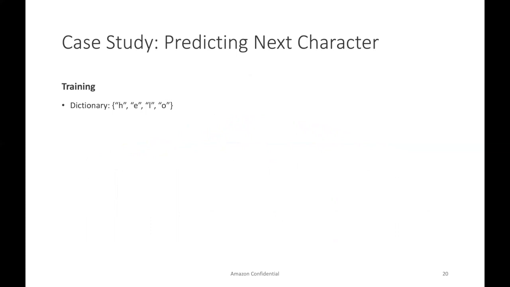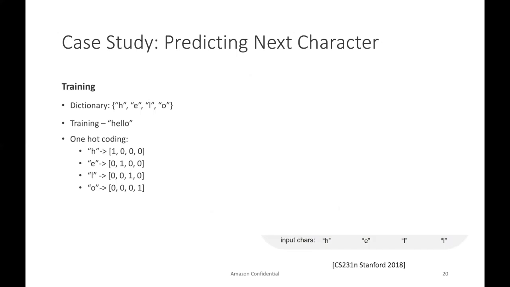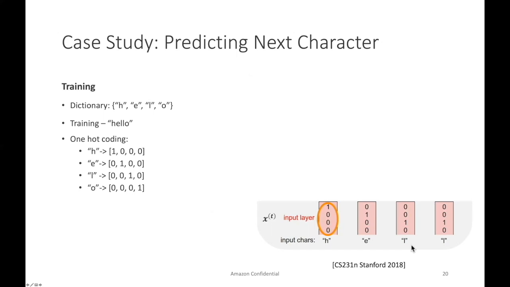So we will take a small example here, like for example, how do you predict the next word or the next letter, for example here, the next character in a word, and how can you do that? So for example, our training data will be this word hello, and we will do a one hot encoding basically to denote which letter is incoming, and these letters this way will be represented as one hot encoded.